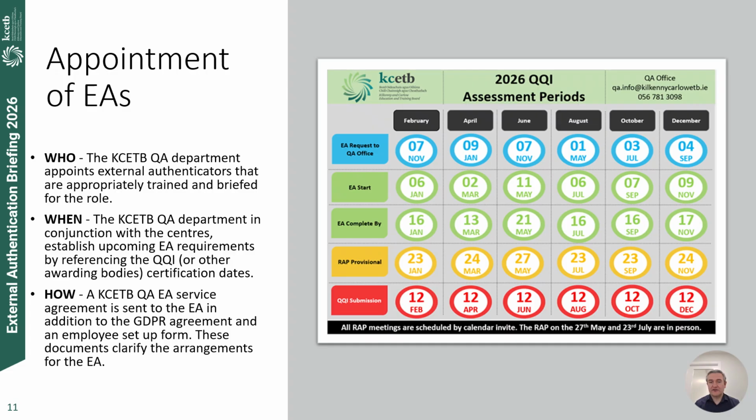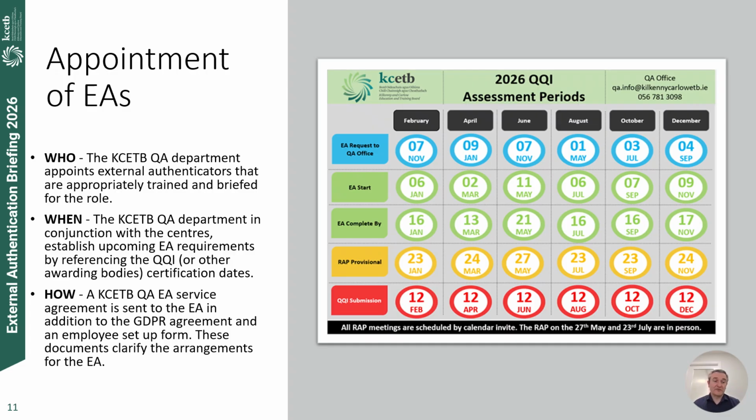And that's to give enough time for the EAs to submit their report to us and for those reports to be reviewed before the RAP. And then working back from that, we ask the centres to submit their request to the QA office a number of months before an EA is due, and that's to give the QA office time to source EAs and book EAs for the centres for those assessment windows.